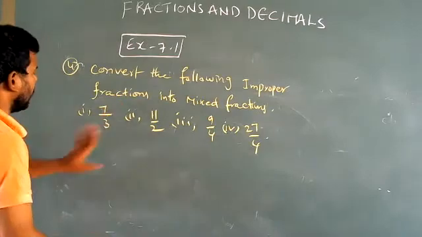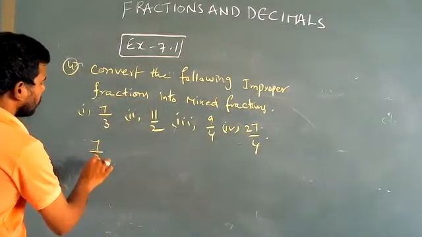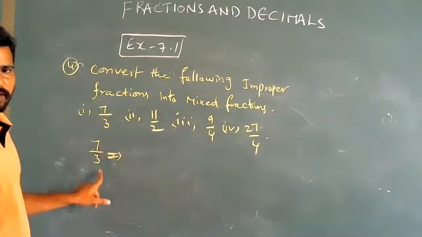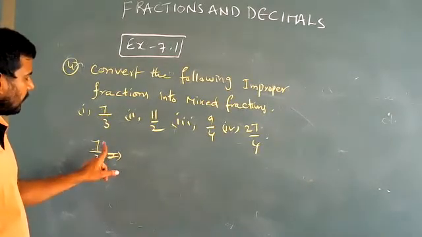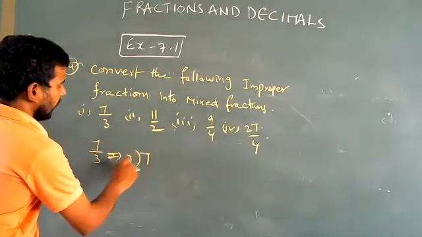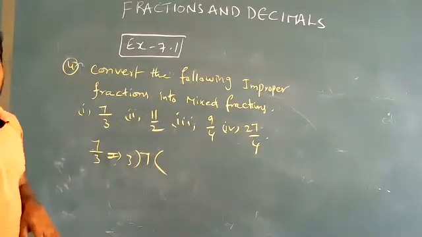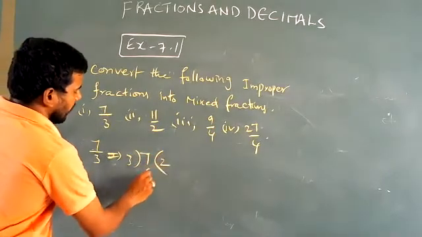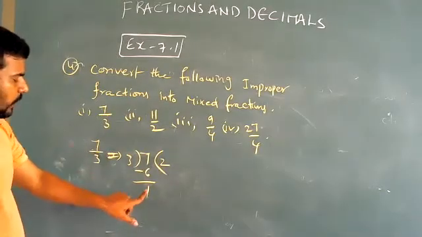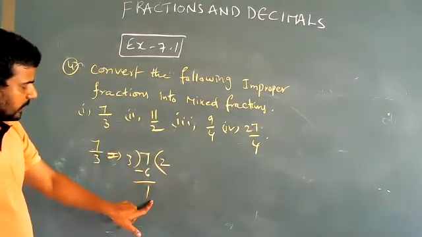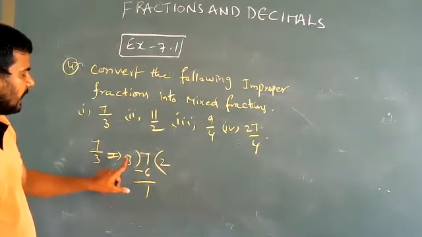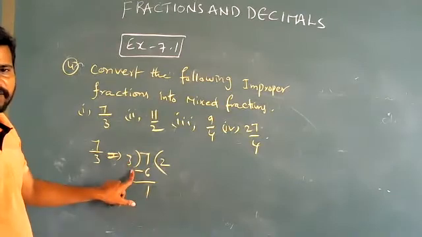So take 7 by 3, the first problem. This is the numerator, this is the denominator. Take 7 and 3. How many times does it go? 3 twos are 6. 7 minus 6 is 1. Observe that this remainder is 1, which is less than the divisor.